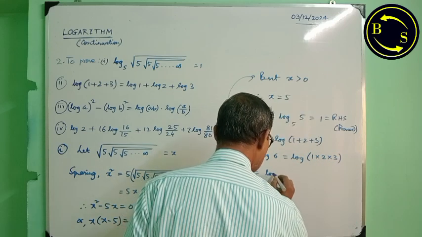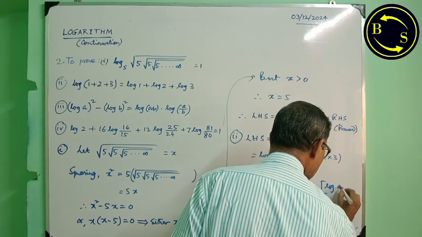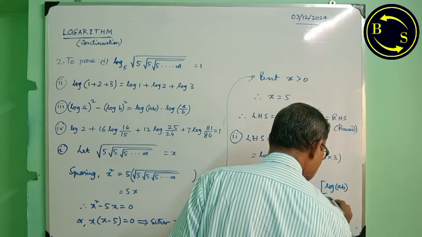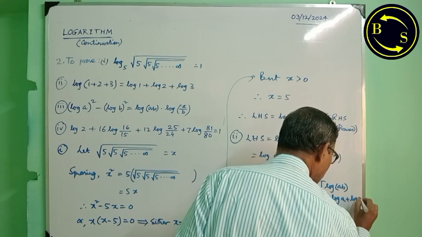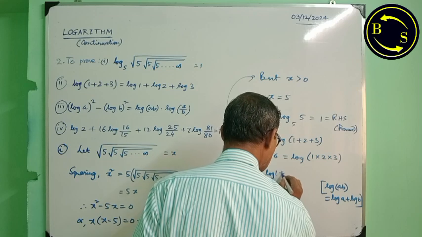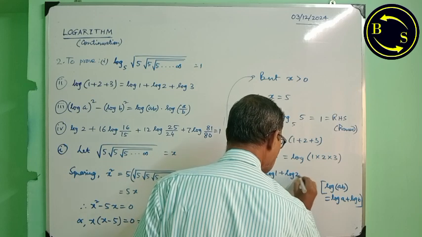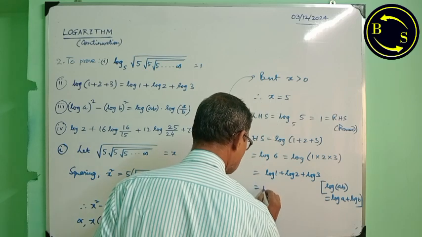Now I apply the formula log of AB is equal to log of A plus log of B. Log 1 plus log 2 plus log 3, that is RHS.